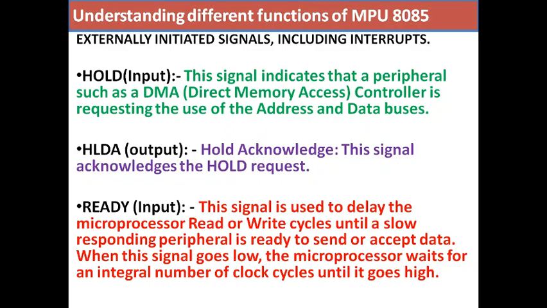So the signal is used to delay the microprocessor's read and write cycle until a slow responding peripheral is ready to send or accept data. So a slow peripheral can use this ready terminal to deliberately slow down the microprocessor so that the read and write cycle happens properly.